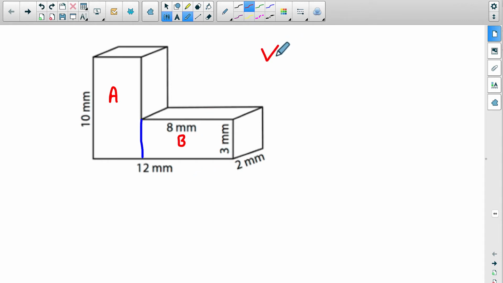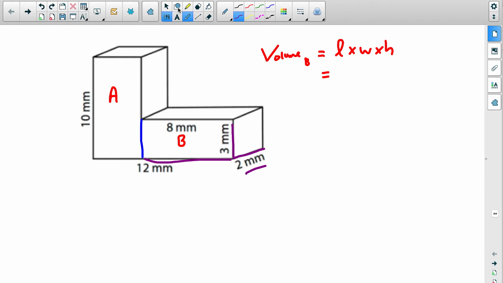So to get the volume of B, how do I do that? Well, this is a rectangular prism, and the volume of a rectangular prism is length times width times height. In this case, what do we got? We've got 2 here. We've got 3 here, and then we need this length right here, don't we? How much is that?